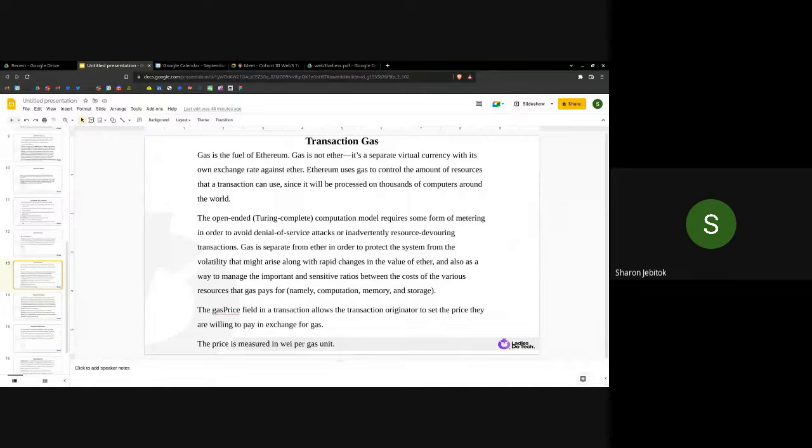One of the reasons is to avoid the denial of service attack, which could be an attack on a given smart contract or decentralized application on the Ethereum blockchain, or transactions that take a lot of gas, which could be abnormal.